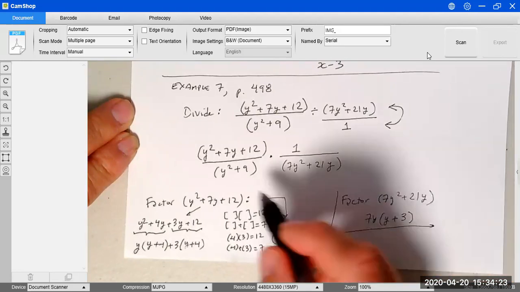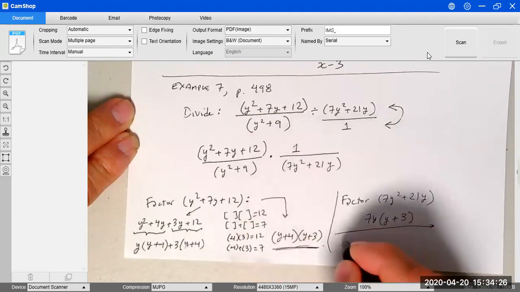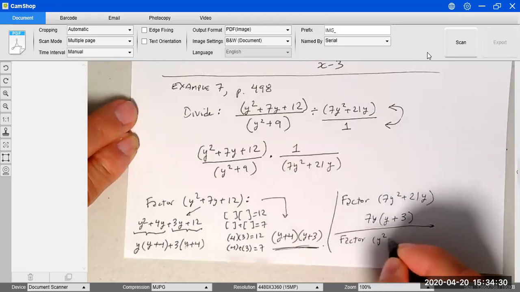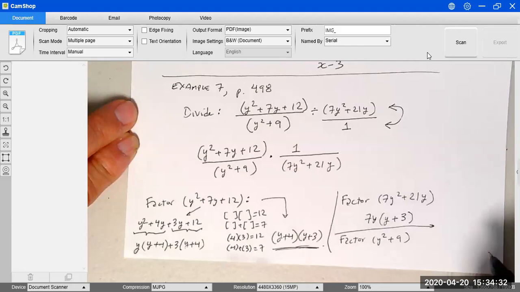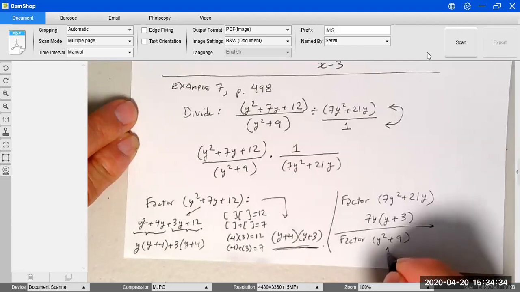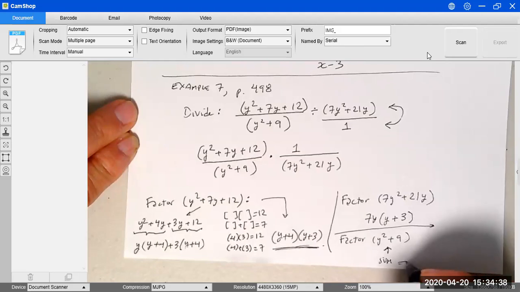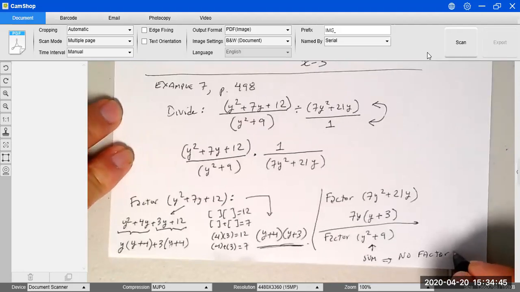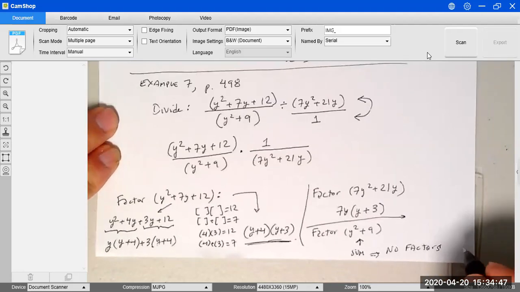And finally, if you are thinking of factoring this, if you think, oh, I can factor this because these are perfect squares, you have a sum here. So it's the sum of two perfect squares, so no factors. There are no ways to factor this. So it's a prime binomial.